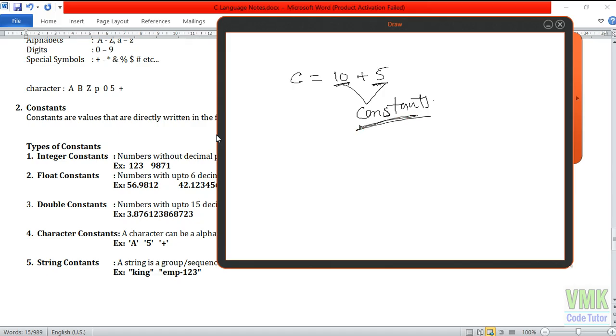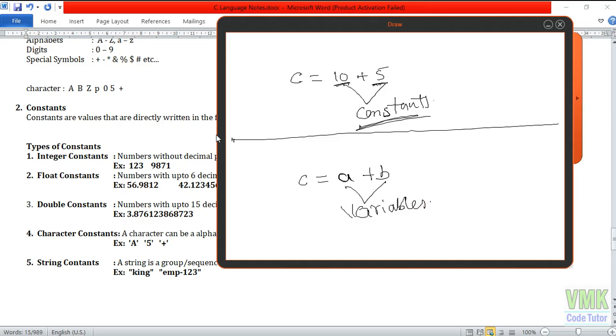So these are called constants. What are not constants? For example, C is equal to A plus B. Now A and B are called variables, because the value of A can be anything and the value of B can be anything. For example, if A is equal to 10 and B is equal to 20, now C will be 30. And suppose if A is equal to 100, now the C value becomes A plus B, that is 120.